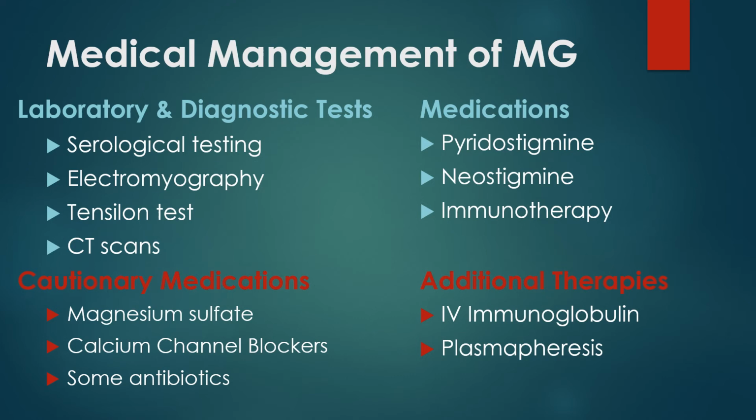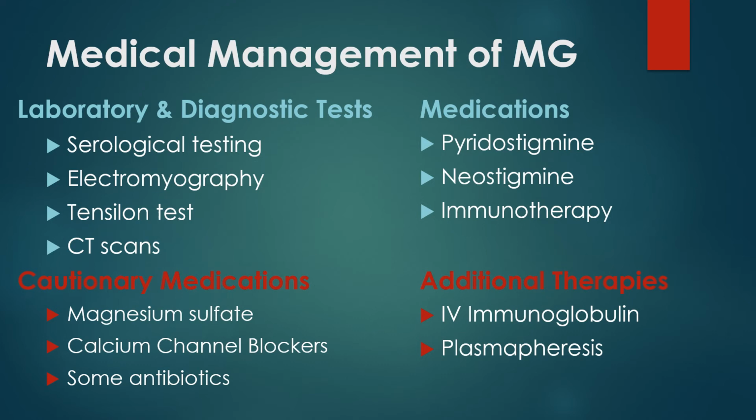Medications such as pyridostigmine improve neuromuscular transmission. Neostigmine is the IV version of the above, and IV routes are necessary. So as their nurse, you're going to monitor their IV site on a regular basis. The principal immunosuppressant medication is prednisone.